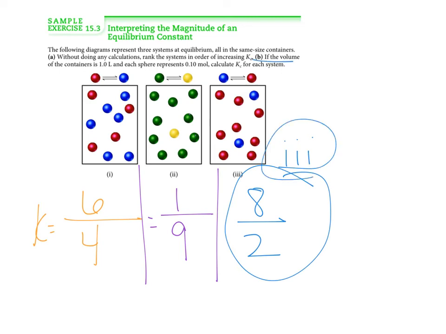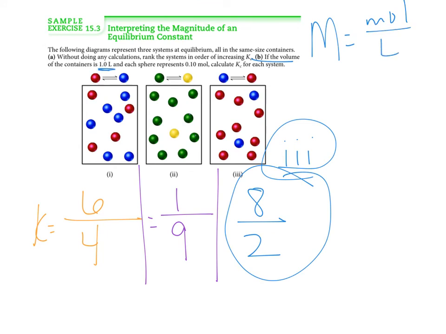Then for B, if the volume of the containers is 1 liter and each sphere represents 0.1 mole, calculate Kc for each system. All right, so remember, molarity equals moles per liter, and our liter here is 1.